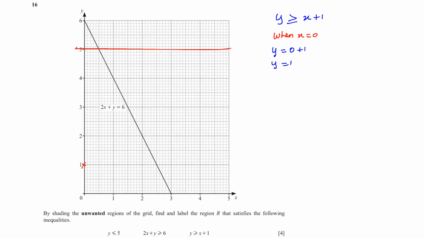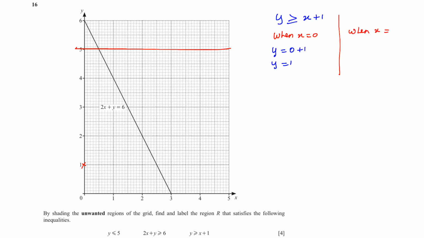The second point we are going to find by writing when y is 0. When y is 0, that will not work here. We'll take another point for x. Choose any point you want.